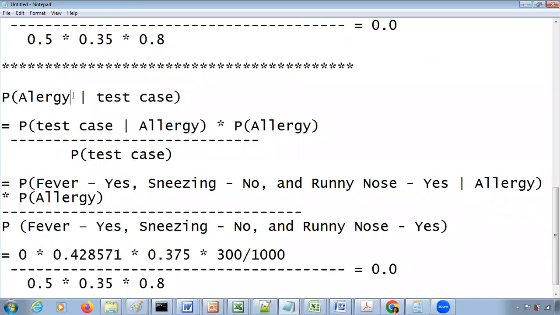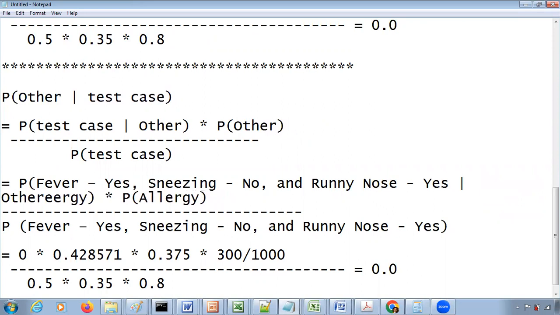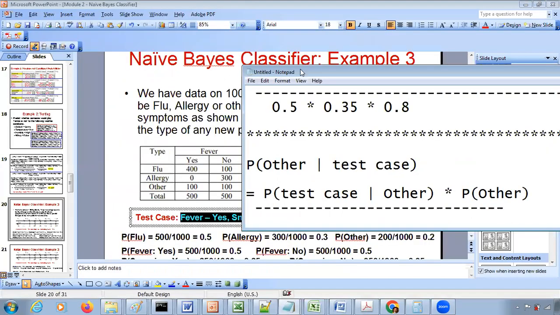So now we do the other. Let's go to the other column.